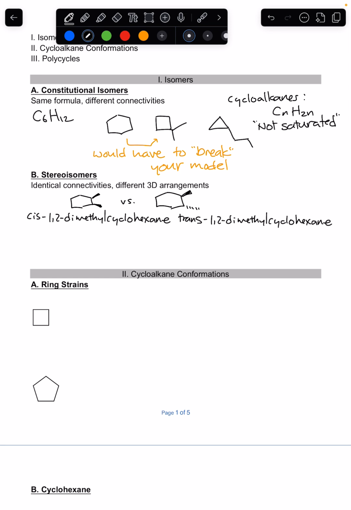Trans in chemistry means opposite of each other. Cis means the same side, usually referring to stereochemistry. Okay, so that's the only difference there. Maybe we'll underline here. Okay, so you would see those prefixes in a molecule name starting in this chapter. Okay, and kind of related to stereoisomers are the conformers.